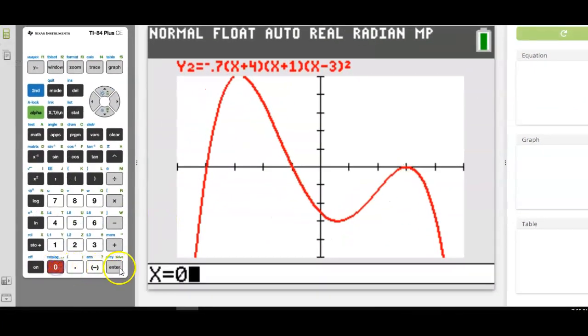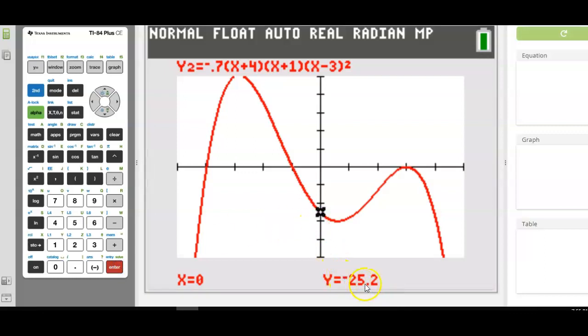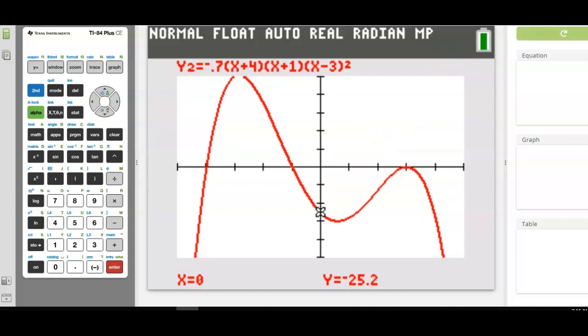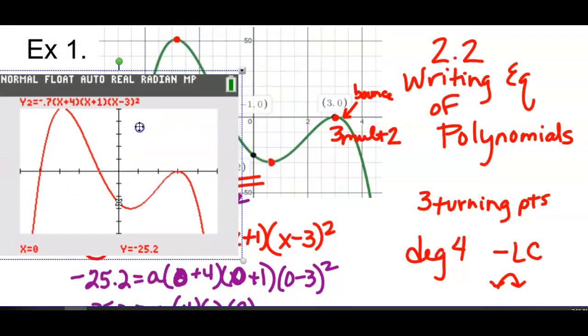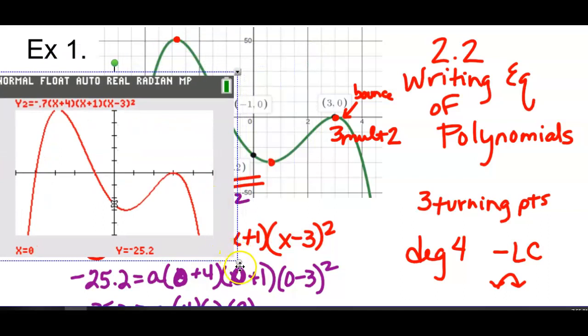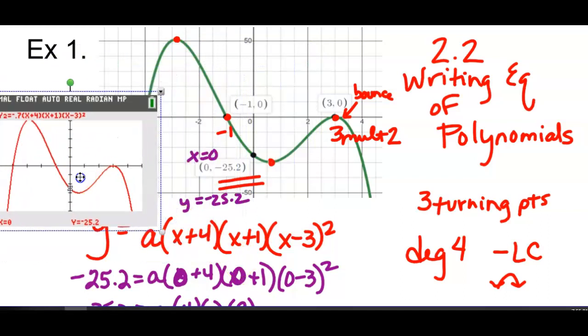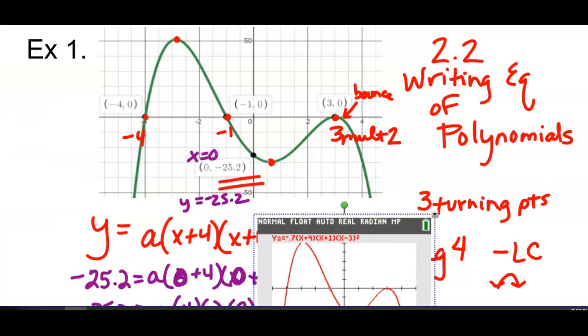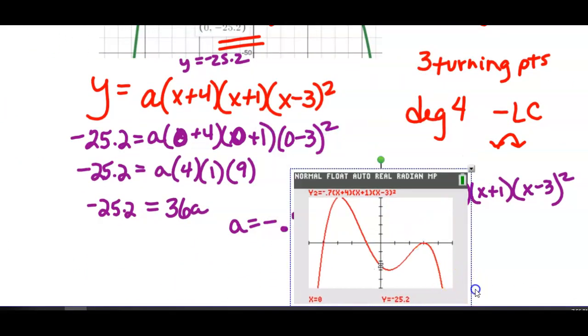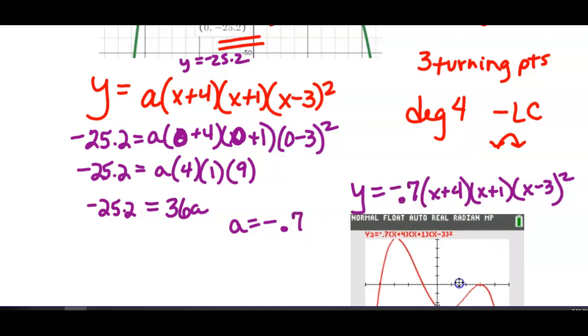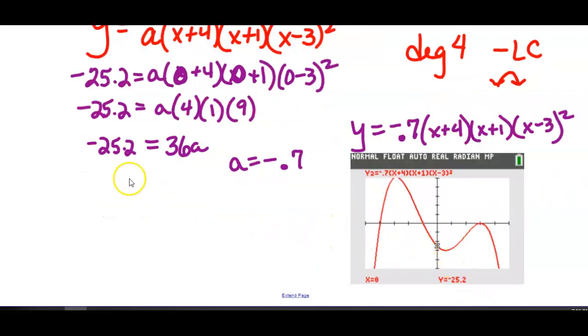So if we put in a 0 to find the y-intercept, we do get negative 22.5. So this screen right here shows that indeed, we did get this right, because we typed in this equation that matches this and got what they did.